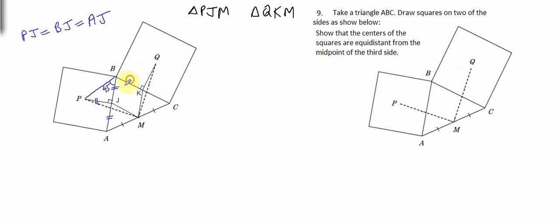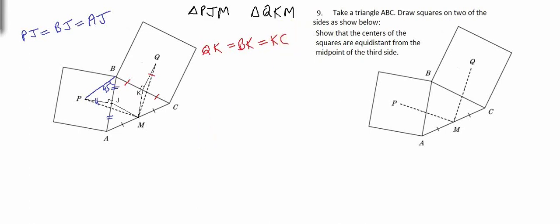That is to say BK is equal to KC, and a similar argument as before follows that QK is also equal to BK, and further to KC. So we have QK is equal to BK is equal to KC.